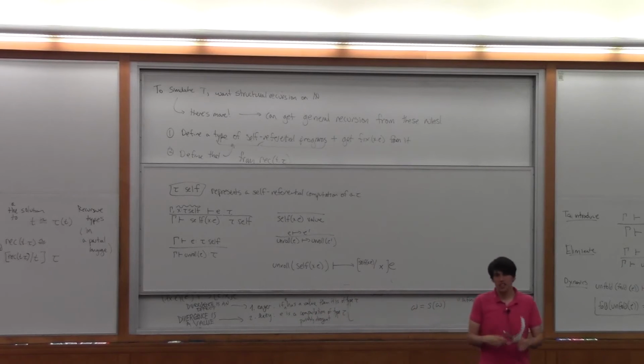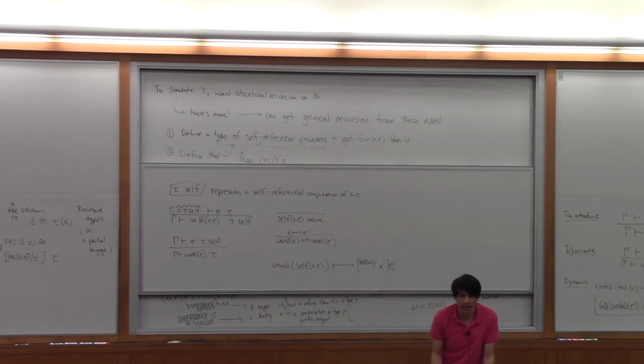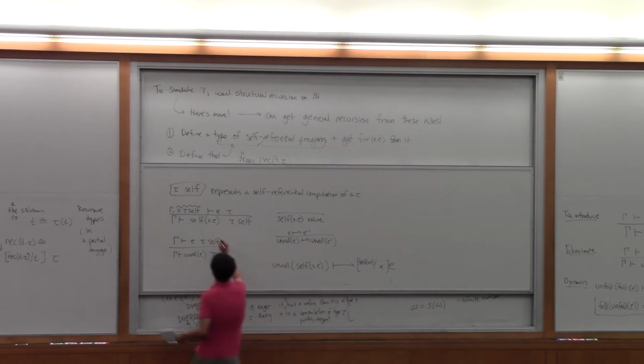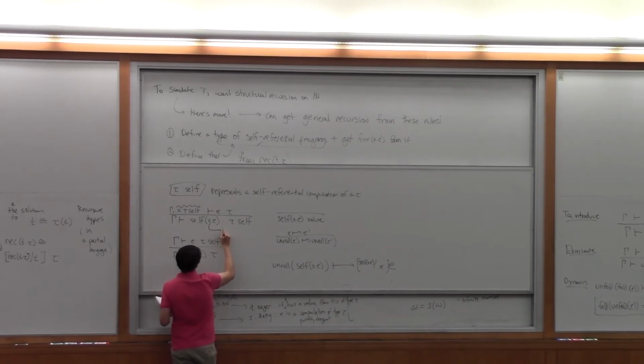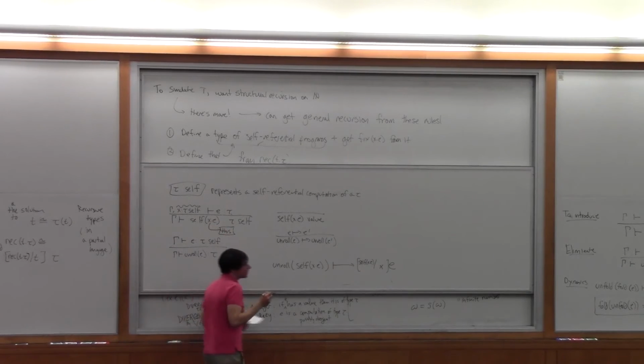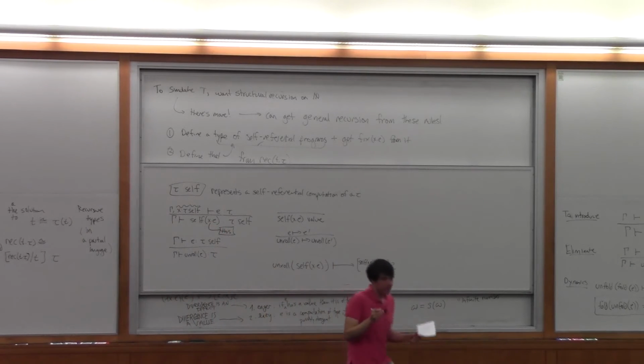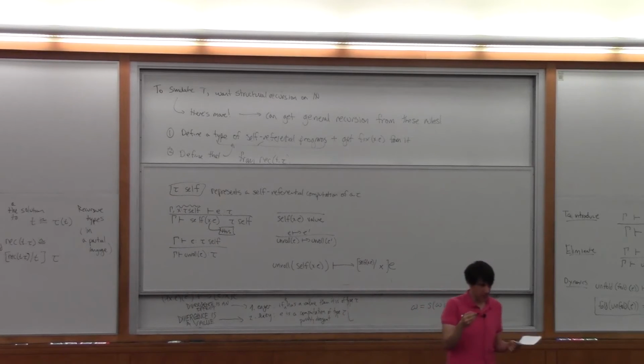Okay? So what's going on here is you might call this x "this", because just like in an object-oriented language where this stands for the object in question, what we have here is a variable that stands for the thing we're currently defining by recursion.